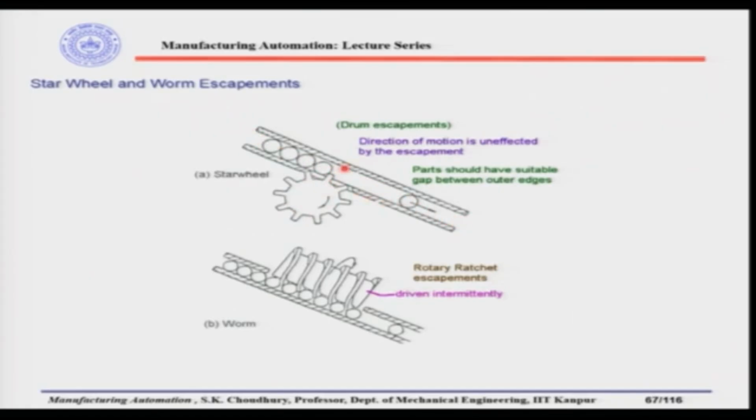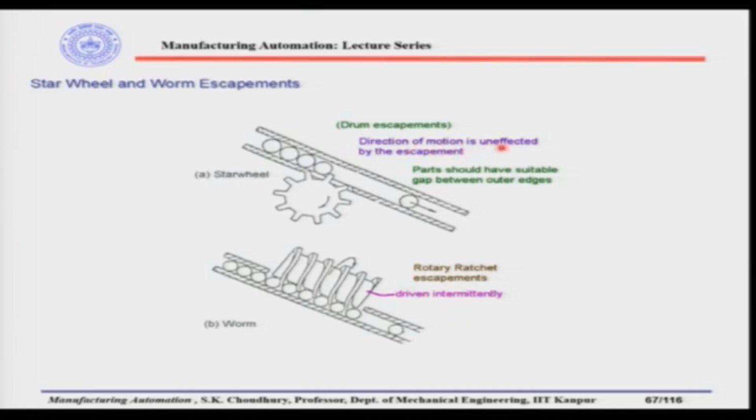Inside the feed track there is a space through which the star wheel can rotate, and while rotating, the distance between the teeth of the star wheel is made in such a way that it will grab one part and then deliver it, while the other parts are held by the other teeth of the star wheel. It rotates at a very low speed, the speed which is required for the parts to go to the machine.